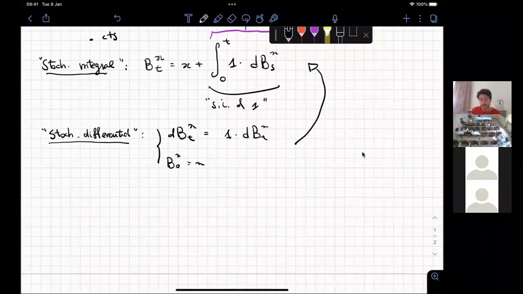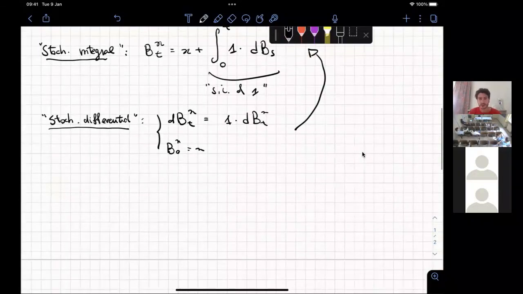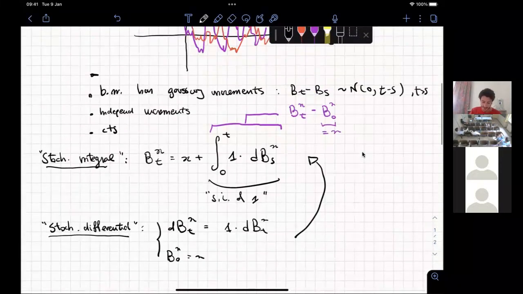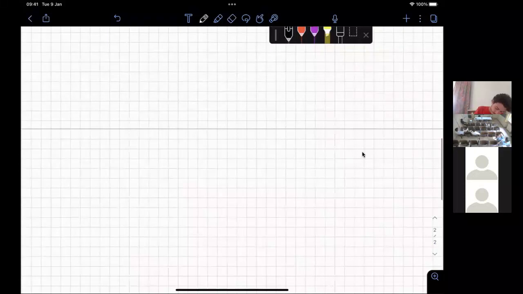Let's introduce the first key object. Again, it was presented last time by Francesco, but we need to restate it here in order to have everything. And this is the so-called Ito's lemma.